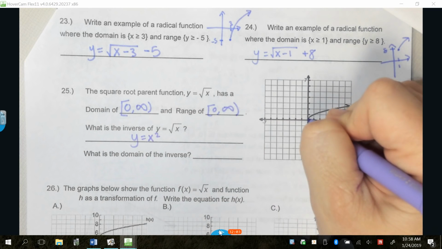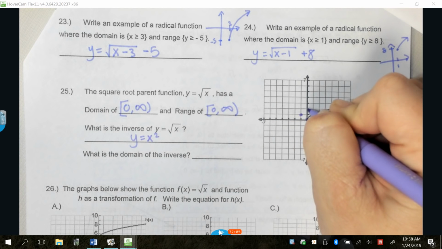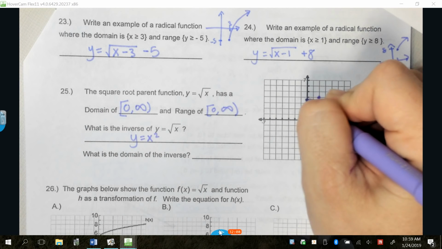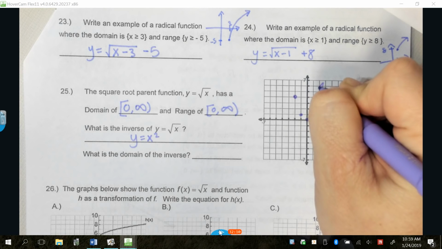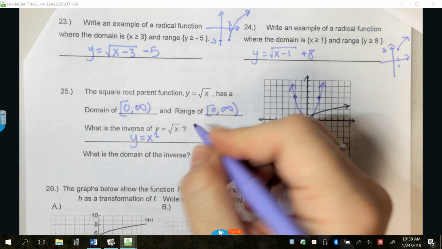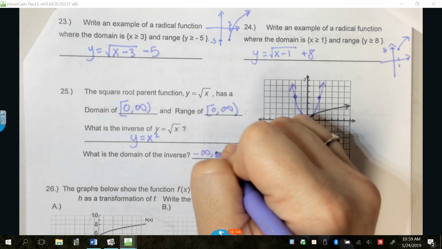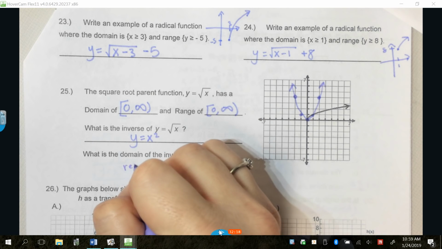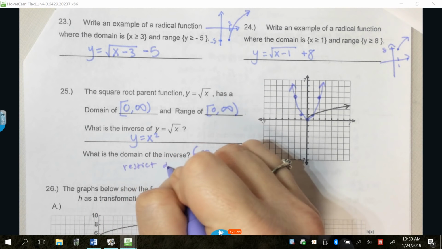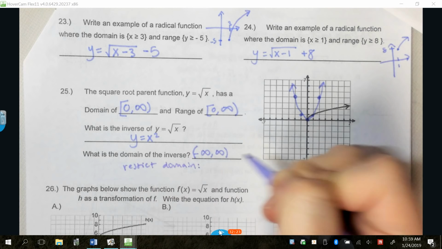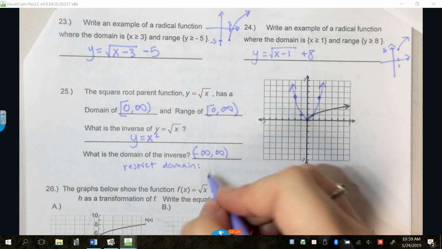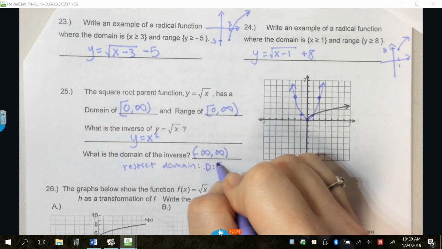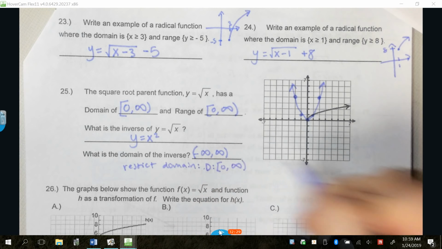So I want you to remember that y equals x squared looks like this, and it goes from negative infinity to infinity. But if we restrict the domain to match, it would be the range of the square root. So it would be 0 to infinity.